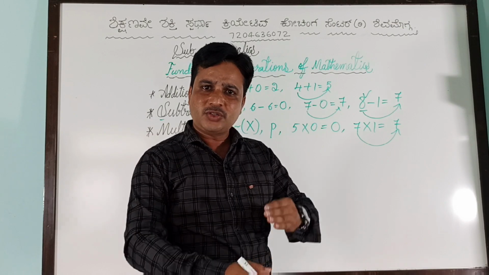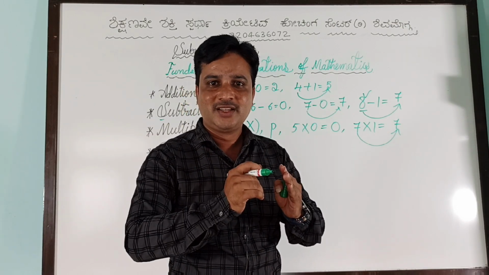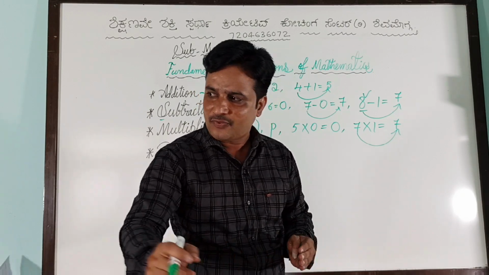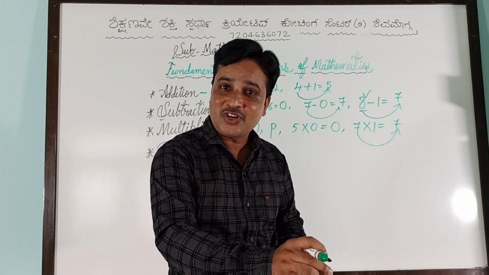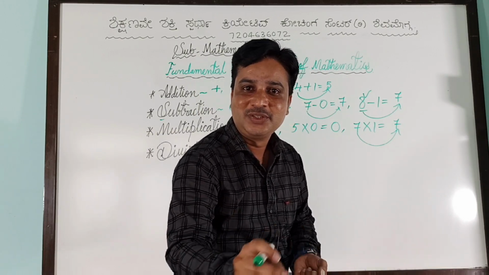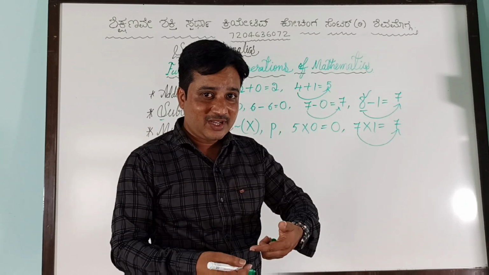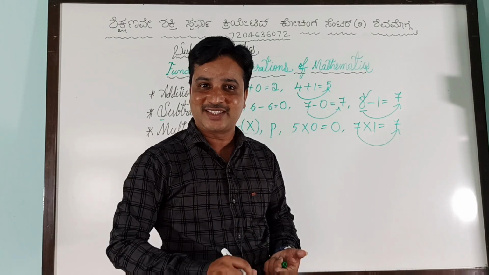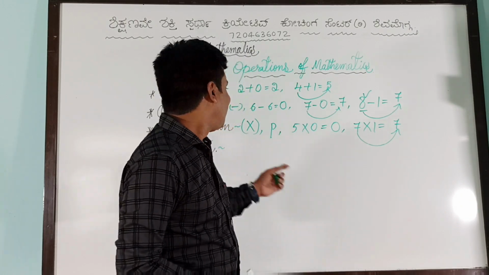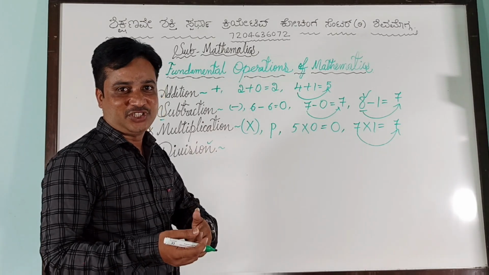I want to distribute the 10 chocolates to them. If I distribute to 5 students, how many chocolates does each get? 2 chocolates. So I distributed equally among the 5 students. Understood? So division means equal distribution.